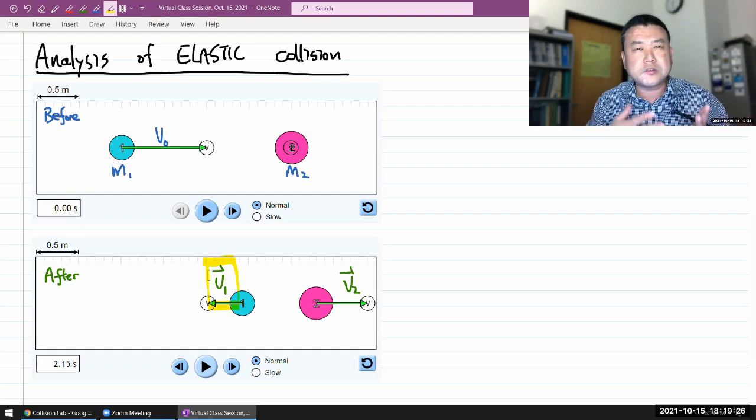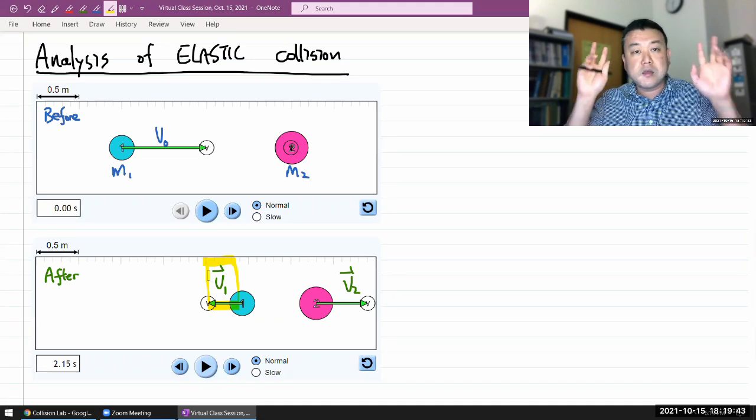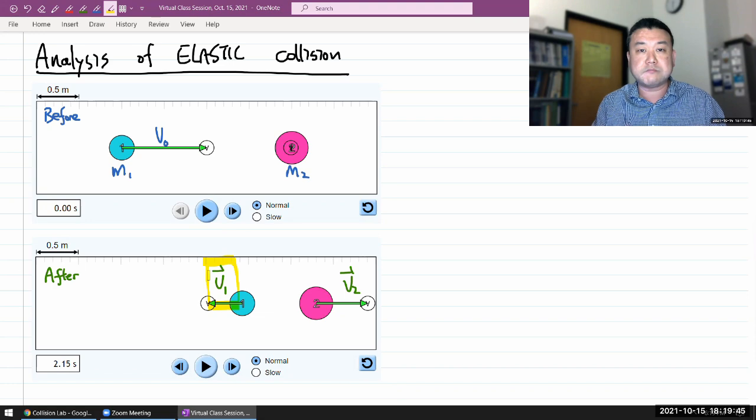And if after some analysis steps I arrive at negative V1, that'll indicate to me that V1 is leftward. So I'll leave V1 and V2 as vector quantities by letting their signs remain. So that's the interaction that we are hoping to analyze using conservation law principles.